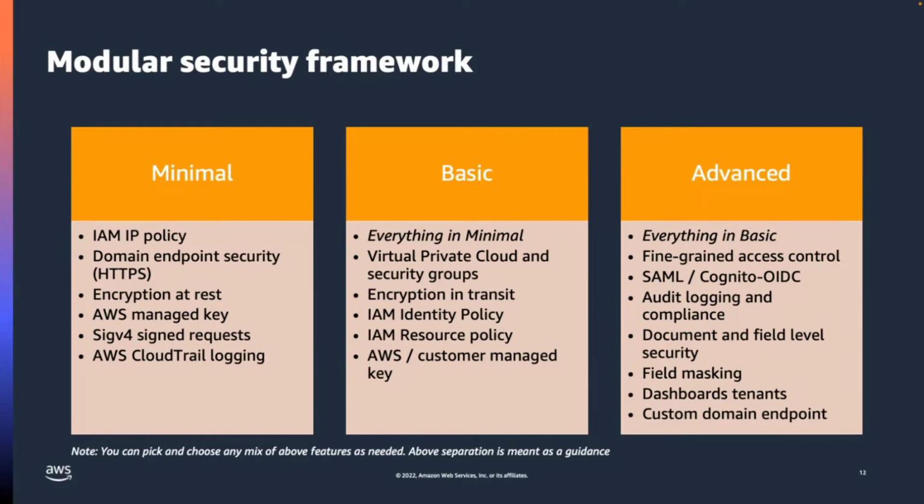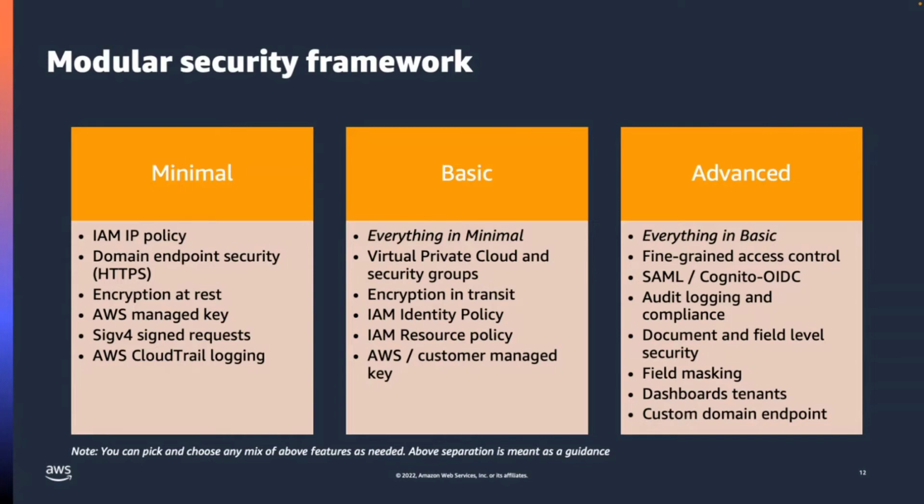This is a tightly controlled security mechanism, and we highly recommend that you have VPC enabled on your domains. We also recommend encryption in transit in addition to the encryption at rest we talked about.